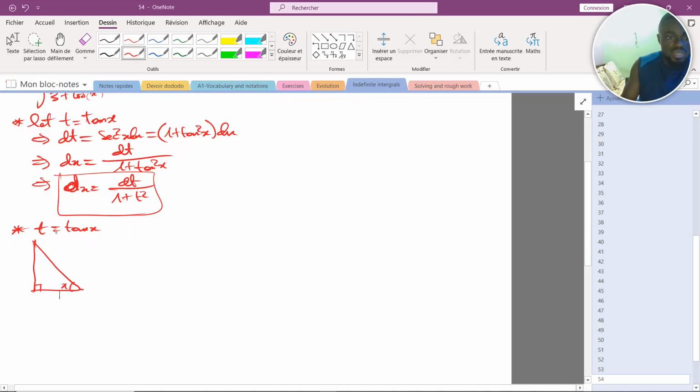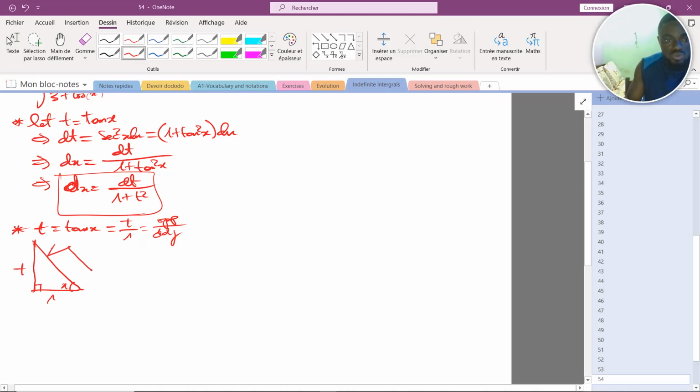So tan x being equal to t is the same thing as t on 1, which is opposite over adjacent. The side opposite to the angle x is this side, so this t we place here, and the side adjacent to x is this side, so 1 will come here.